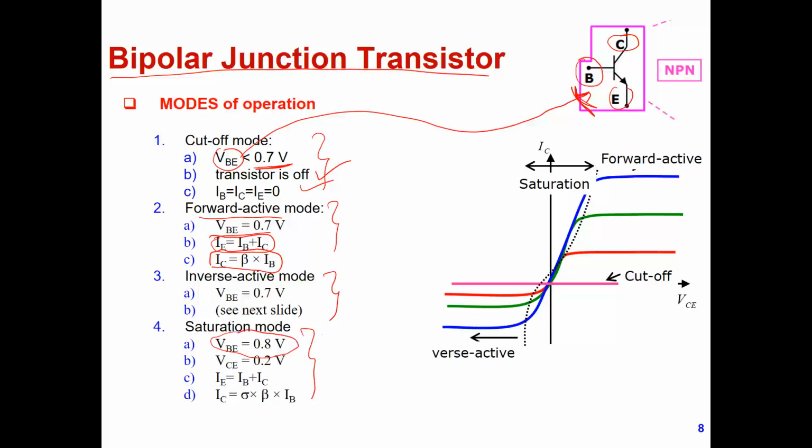If the VBE equals 0.8, okay, then the important thing is that the differential voltage between the collector and the emitter equals 0.2 volt. So it's almost a short circuit, not quite a short circuit, but almost. We still have the emitter current equal to the base plus the collector, but here the collector current is not equal to beta times the base, but rather beta times the base times some diminishing factor, which reduces the overall collector current.